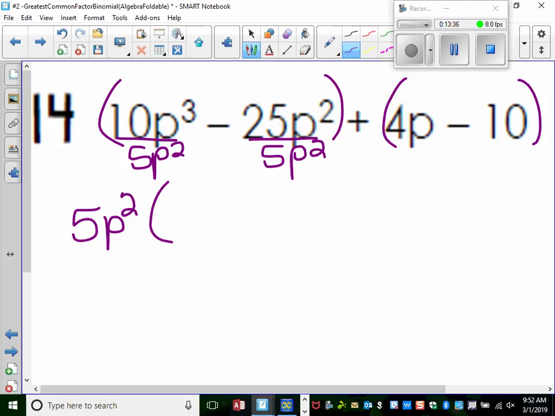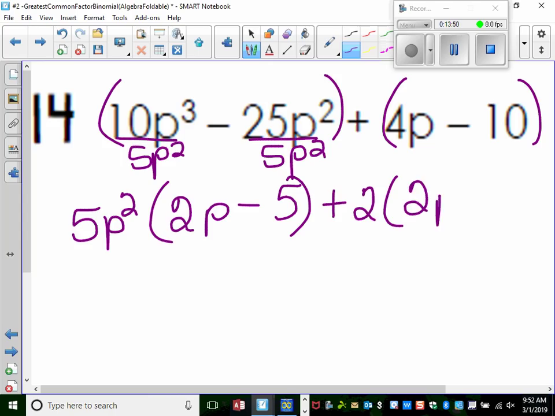So when I divide by 5p squared, that's going to give me 2p minus 5. And in the second set of parentheses, what is the GCF? 2. And there we go again, 2p minus 5. They should always be the same.